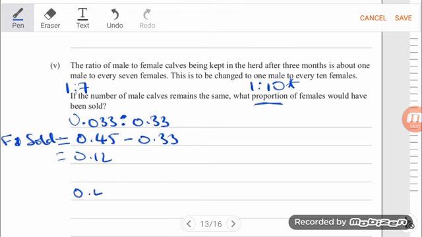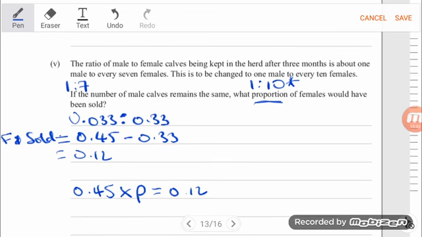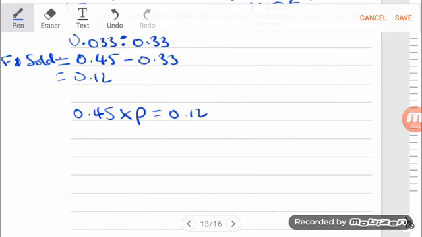Got 0.45 times some kind of proportion is equal to 0.12. Now we can just use algebra and rearrange. If we multiplied P by 0.45, we need to divide it by 0.45, that whole lot, to get back to what P is. What we do to one side, we've got to do to the other, 0.45.